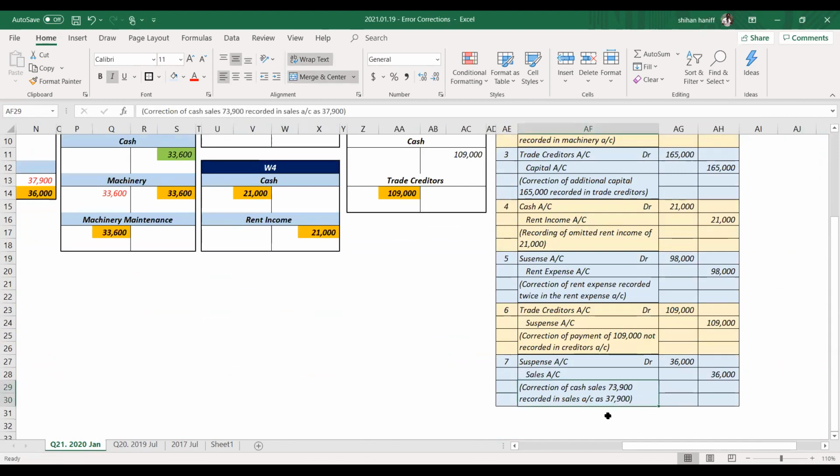The narration is, what you have to write is correction of, and write the error which is given in the question. So always you can use that method.